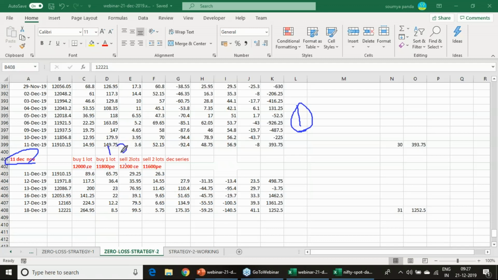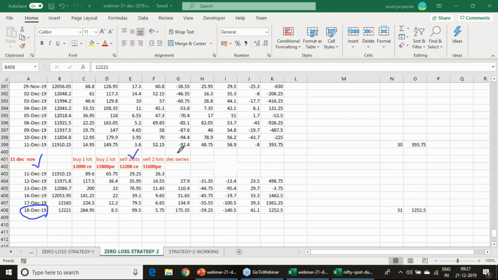If it comes to 12,100, or Nifty spot goes to 11,700, we should exit in the first week of the settlement. So we are at the second week of the settlement. We are initiating on 11th December, so we should exit by 18th December. So when the Nifty spot goes above or exactly at 12,200, we should exit from this strategy.